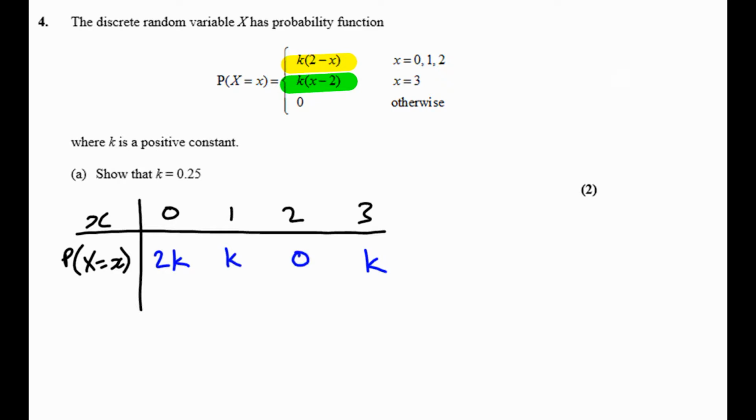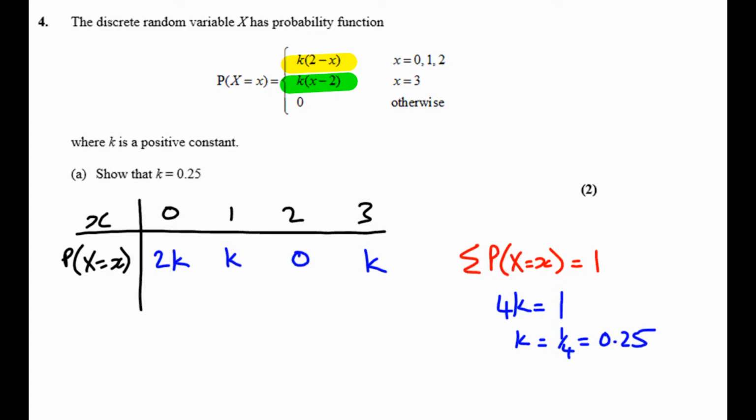All right, so we also know that all of these probabilities should add up to 1. So I can go ahead and say that 4k equals 1, k equals 1 over 4, which equals 0.25, which is what we were asked to find in the question.